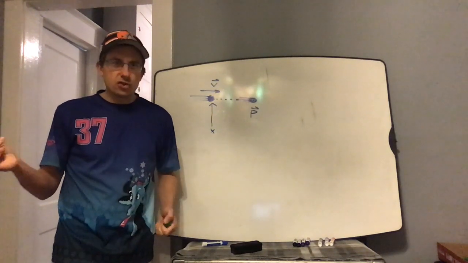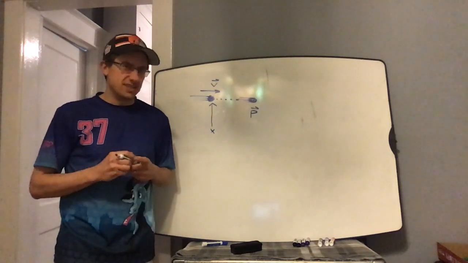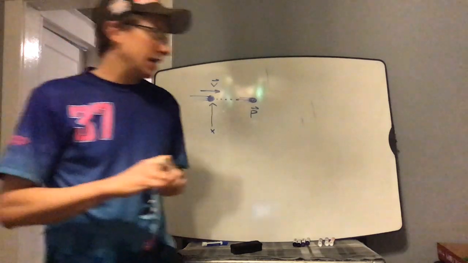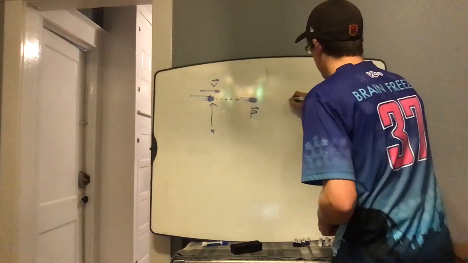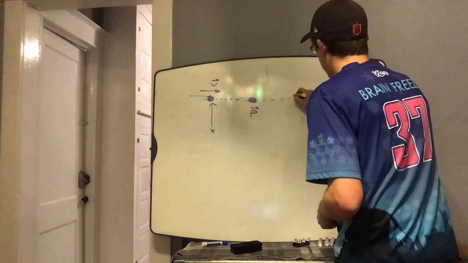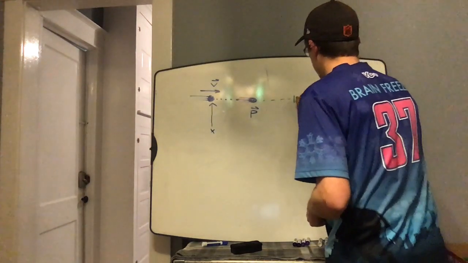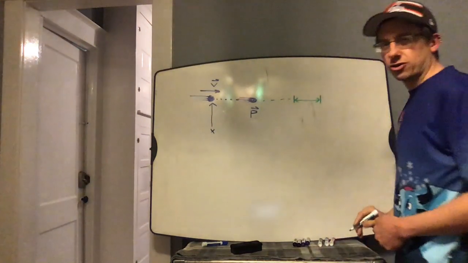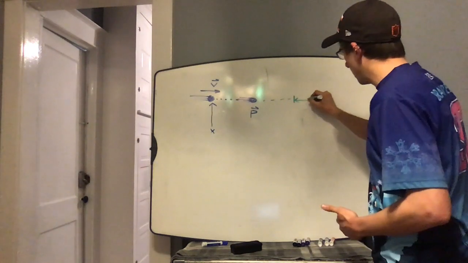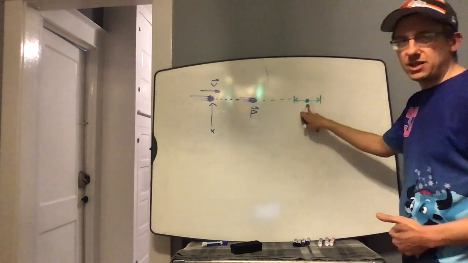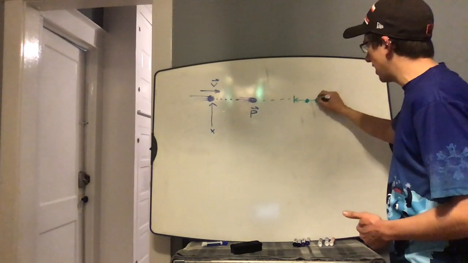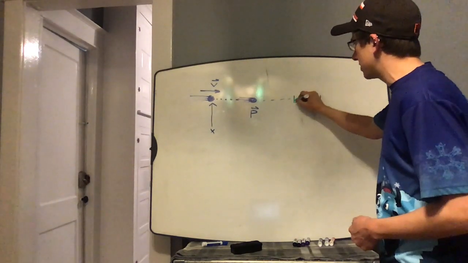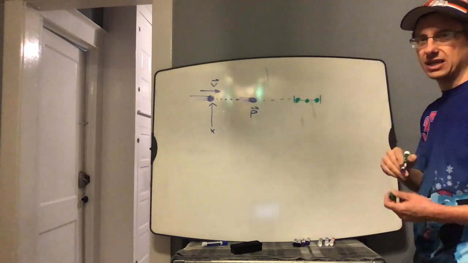But if I go to measure that particle's position now, that particle's position might be anywhere in this range. On average it's going to be here, but it might be a little ahead of where it should be, or it might be a little behind where it should be.